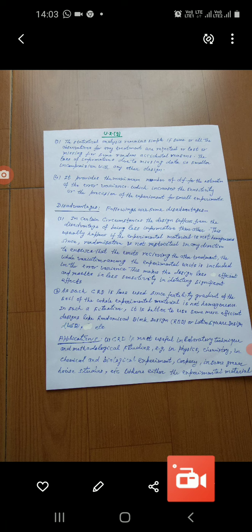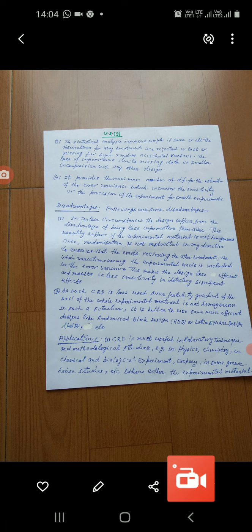This is the main important disadvantage. This usually happens if the experimental material is not homogeneous. This happens if the experimental material is not homogeneous.